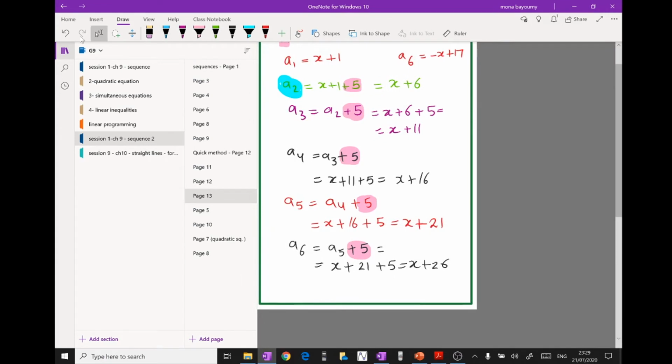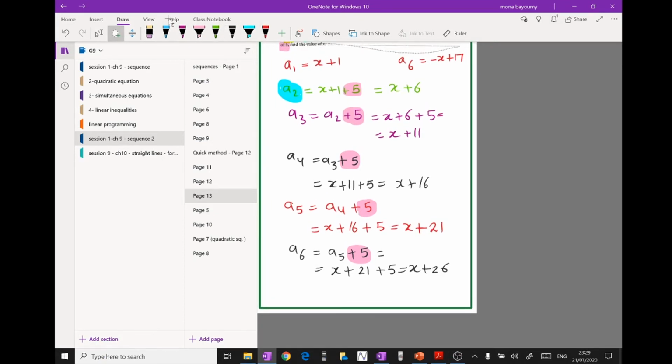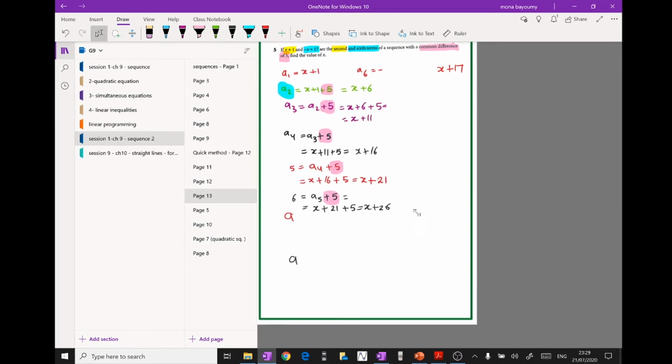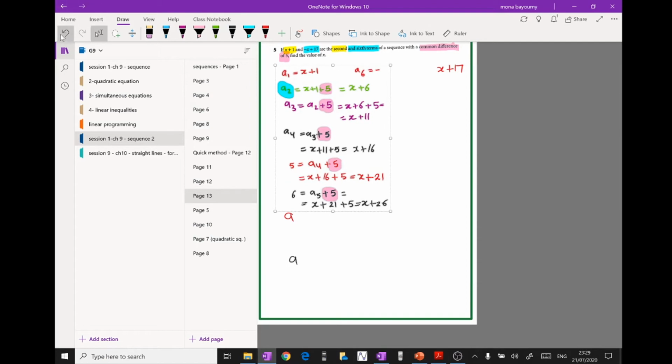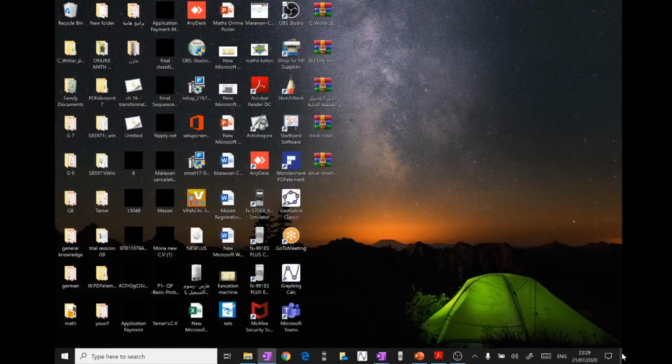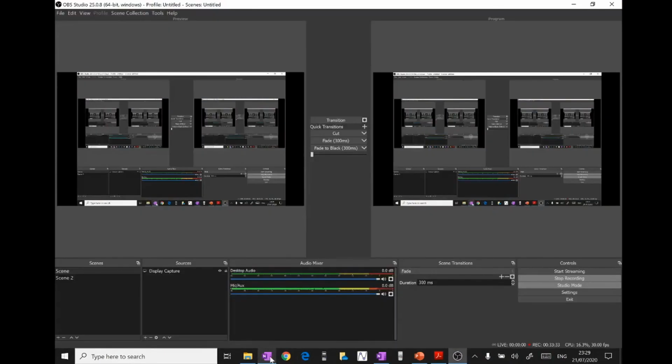Now we have two very important things. He gives us that A6 equals negative x plus 17. And when we calculated it, we find that A6 equals x plus 26.